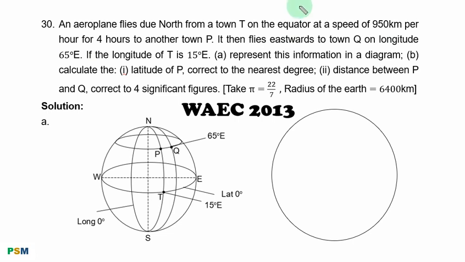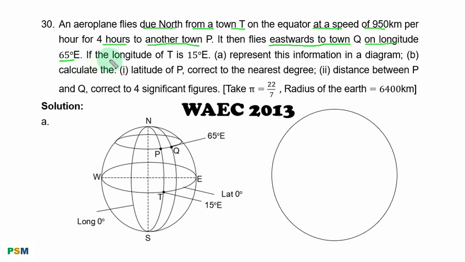Example 30. An aeroplane flies due north from a town T on the equator at a speed of 950 kilometers per hour for 4 hours to another town P. It then flies eastwards to town Q on longitude 65 degrees east.